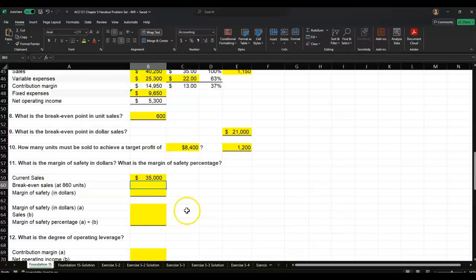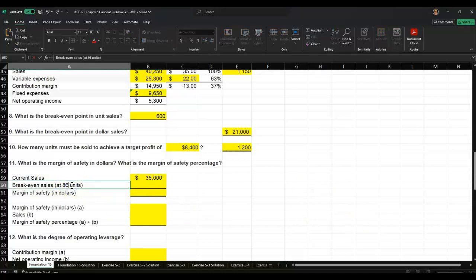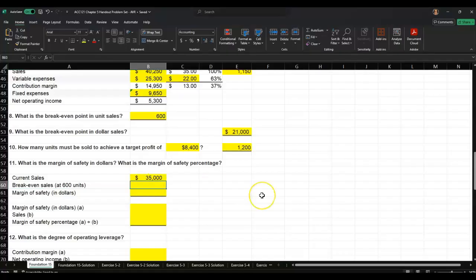Dadgummit, I didn't update that one either. The break even is not that 860. It's 600. So the break-even sales at 600 is the 21,000, and the difference between the two is our margin of safety.